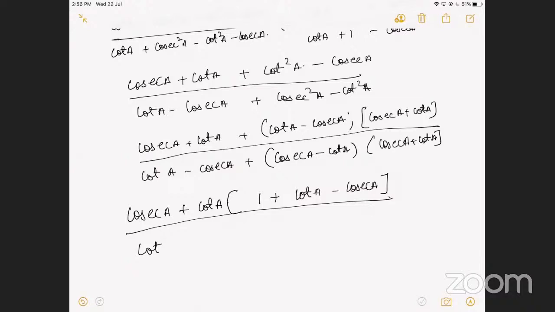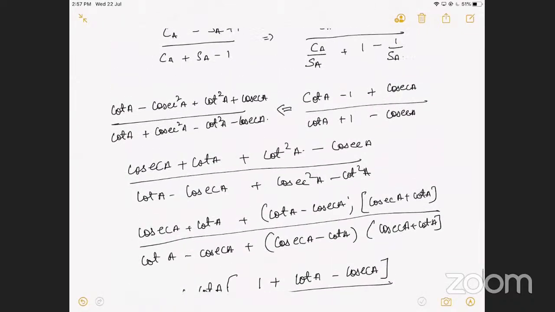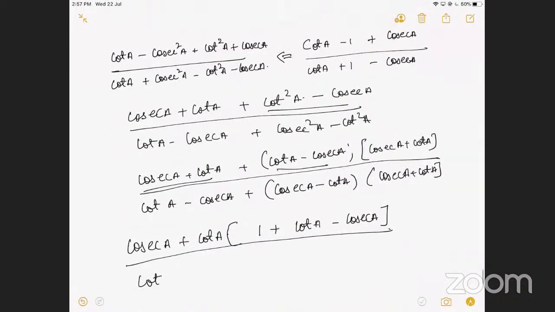One minute sir, I am checking. Sir, I had taken cot A and cosec A common separately. Arey yaar, you just said you have expanded this and taken cosec A plus cot A common, again you are saying separately.